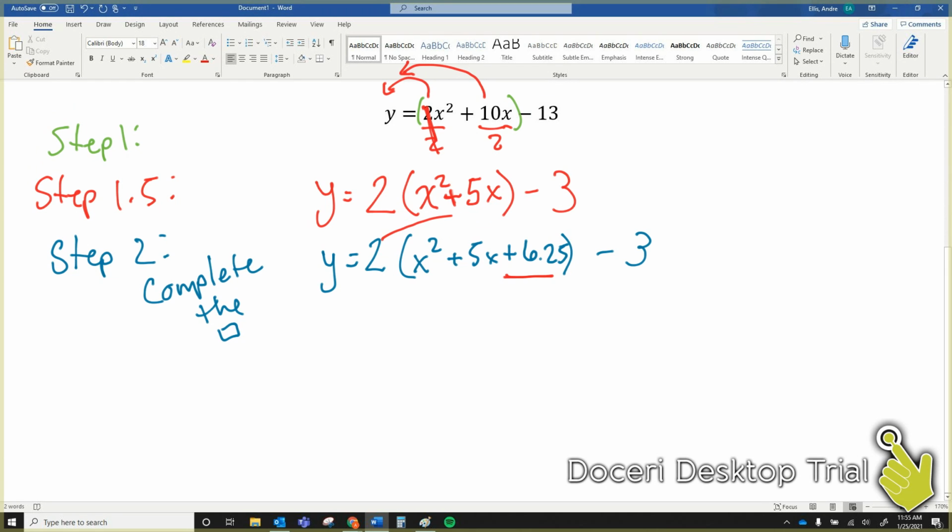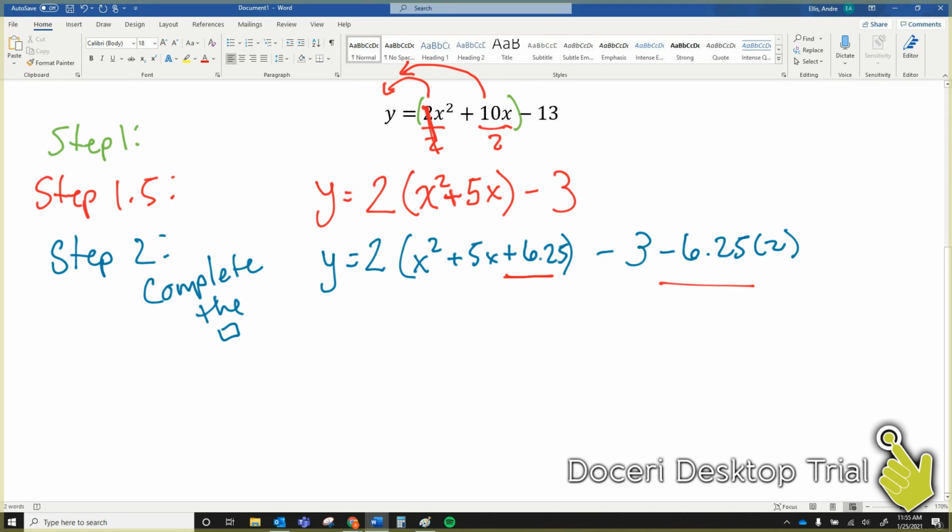That 6.25 is being multiplied by 2. So I added actually 6.25 times 2 on the inside. So on the outside, I'm going to subtract 6.25 times 2. Again, because of this 2 up front.